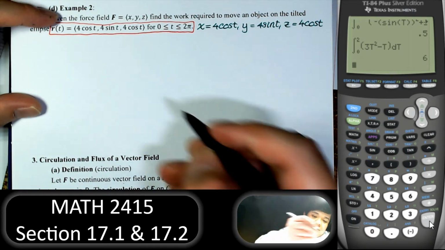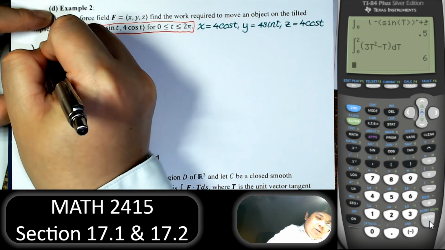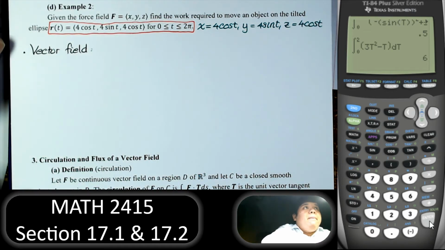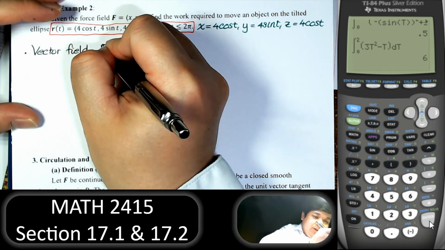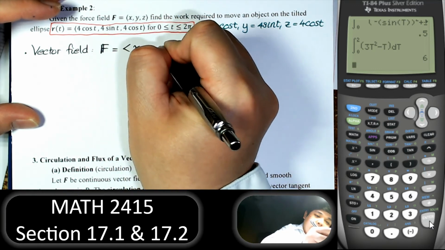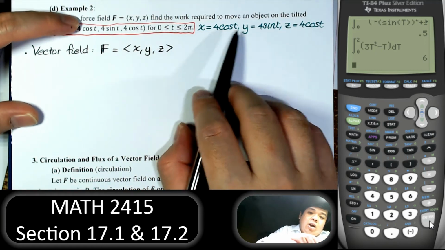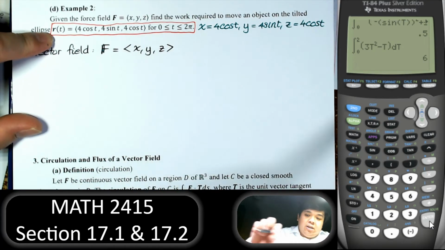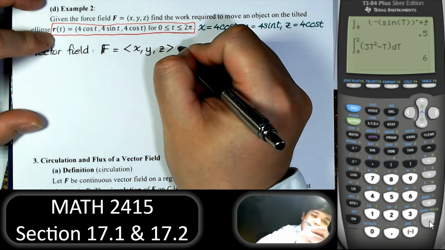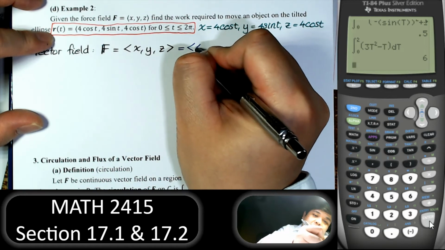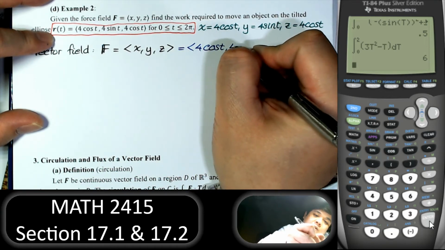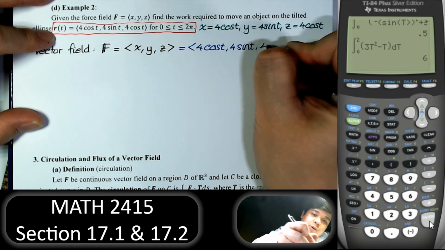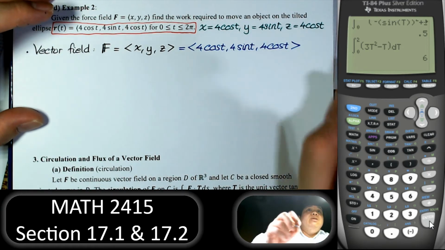Now the vector field is equal to x, y, and z. This comes from the parameterization, from here. So in terms of t, 4 cosine t, 4 sine t, and 4 cosine t. So we write the vector field in terms of t.